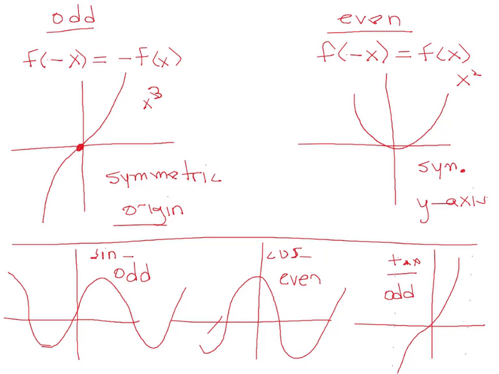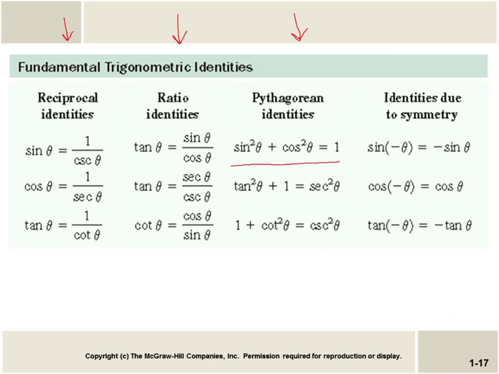Math is amazing, right? So let's see. There we have our symmetries. So because the sine is odd, f of minus x is equal to minus f of x. Cosine is even, so cosine of minus theta is equal to cosine theta, right?